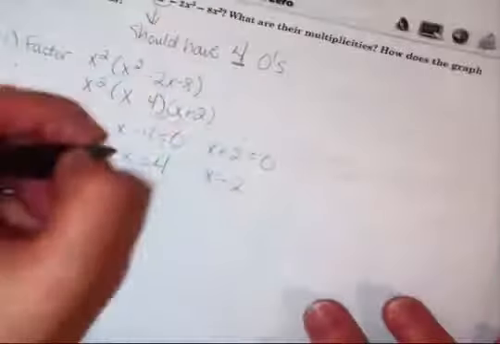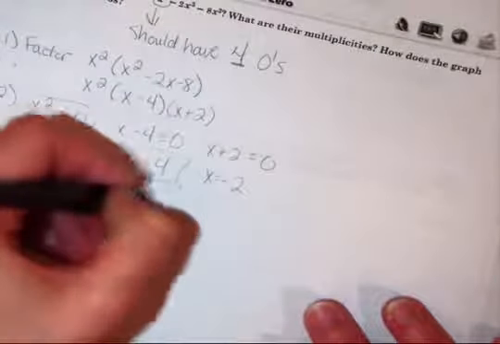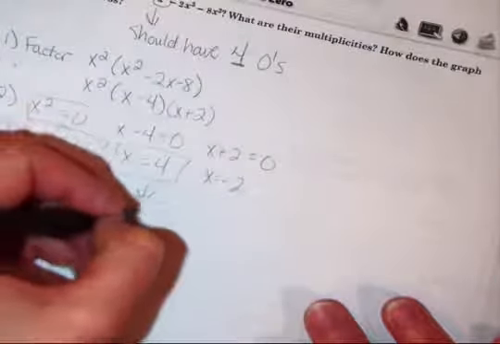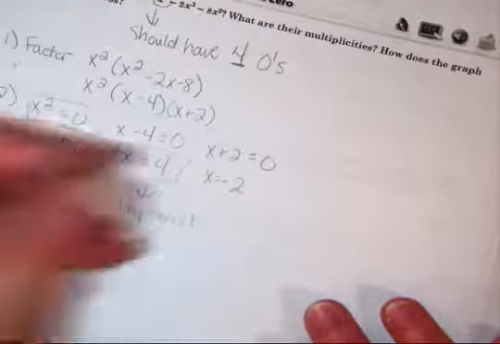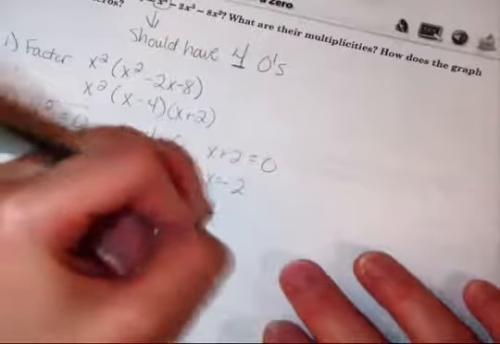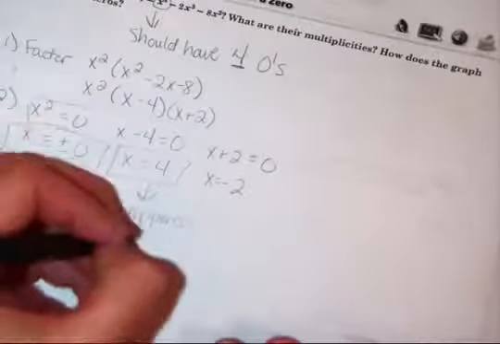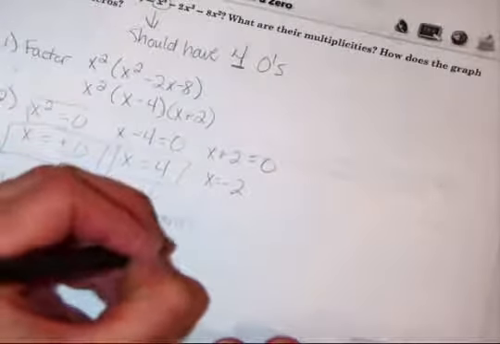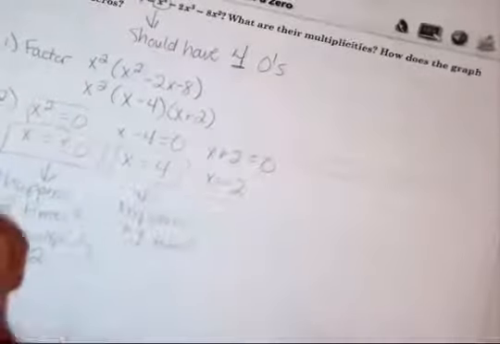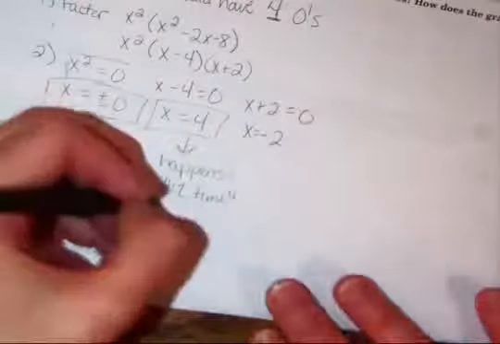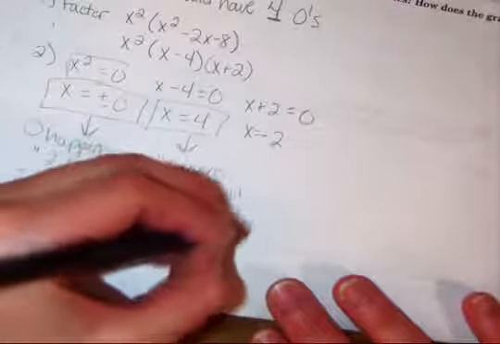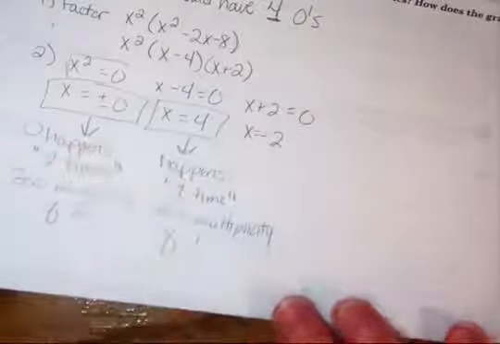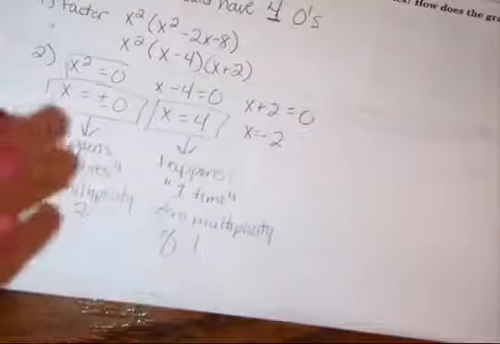Alright, x equals 4 happens once. So here I'll keep everything the same. This happens 1 time. So if 4 happens 1 time, we say it has a 0 multiplicity of 1, because it happens once.